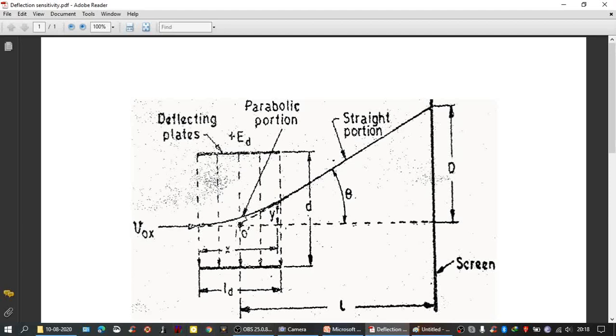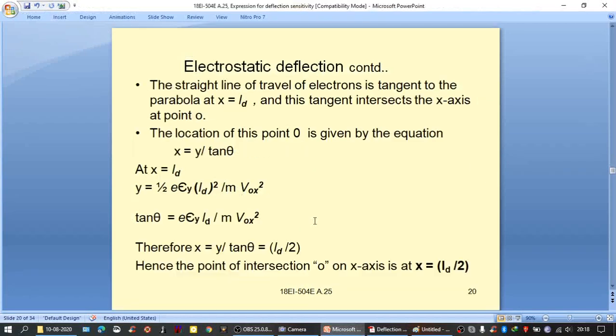Now, following the same slope, this straight line has made an angle theta. What is tan theta here? Tan theta is equal to d by L, or tan theta is equal to y by x. Just let us see further.